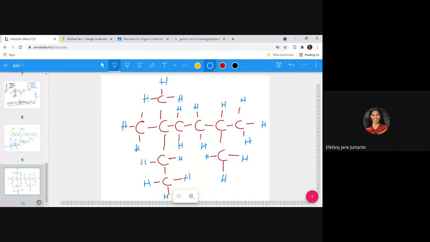Okay, so we have number 4 now, class. In number 4, we are given 2,2-dimethylhexane. Hex means six carbons: 1, 2, 3, 4, 5, 6. It is an alkane, so single bond, single bond.